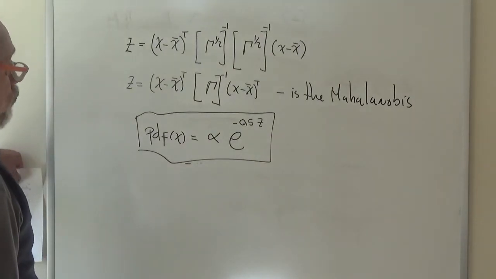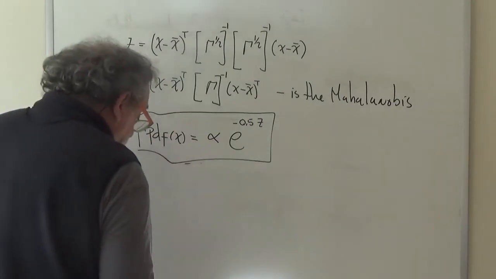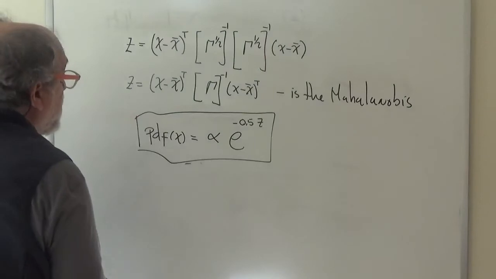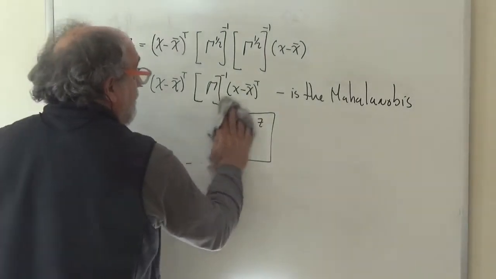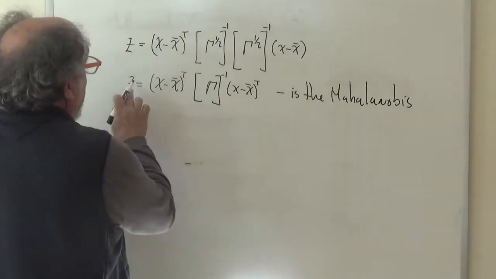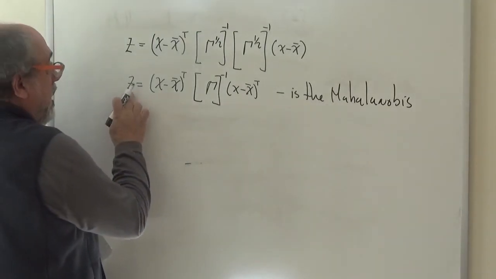Now, as you might expect from the scalar case, the variable z here, if it was in the scalar case, z was chi-squared, right?